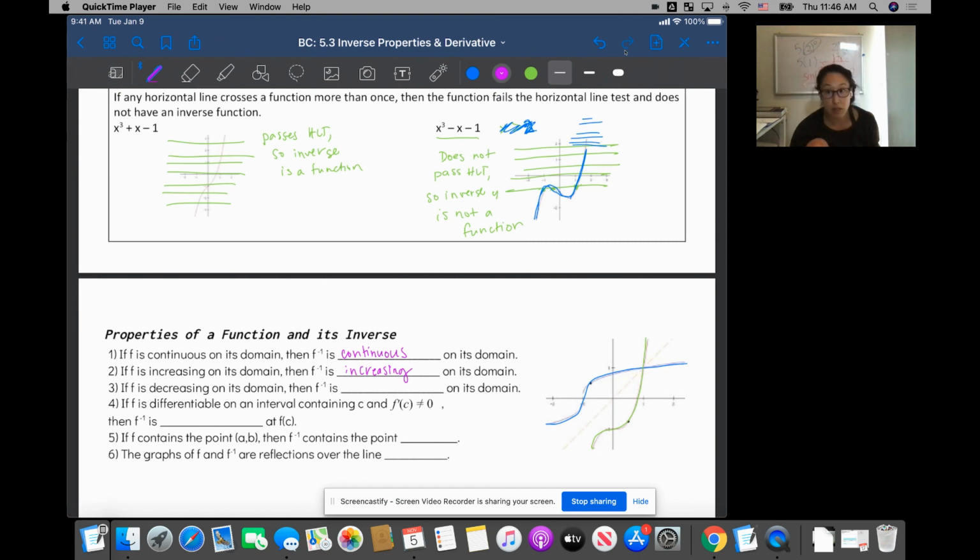If the function decreases over the entire domain, its inverse will decrease over the entire domain. If the function is differentiable on an interval containing c and f prime of c does not equal 0, then f inverse is also differentiable. And if f contains the point (a, b), then f inverse would contain the point (b, a). And the graphs of f and f inverse are reflections over the line y equals x.